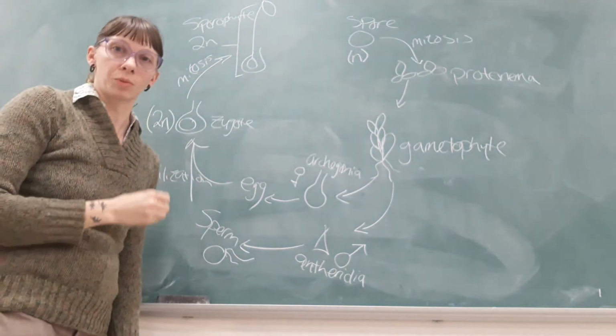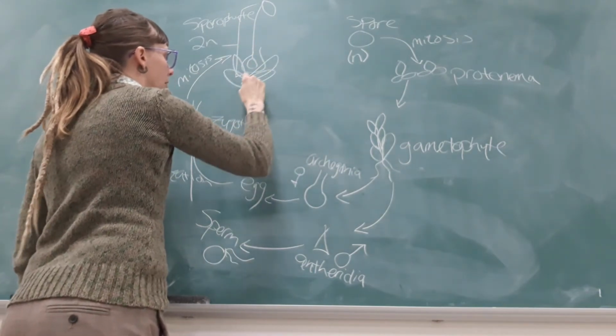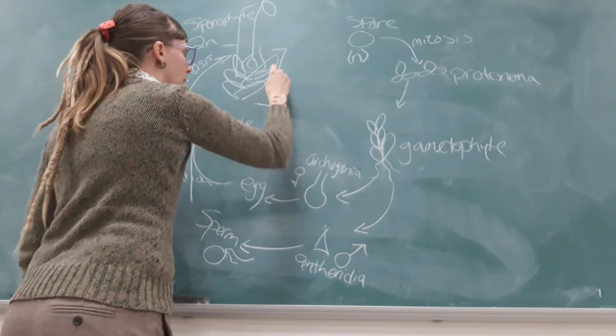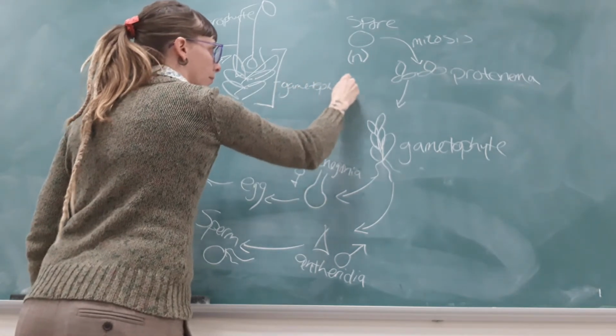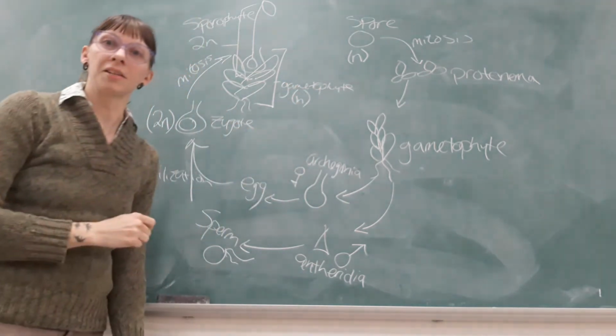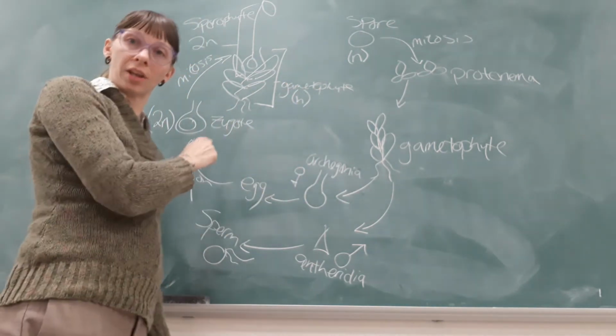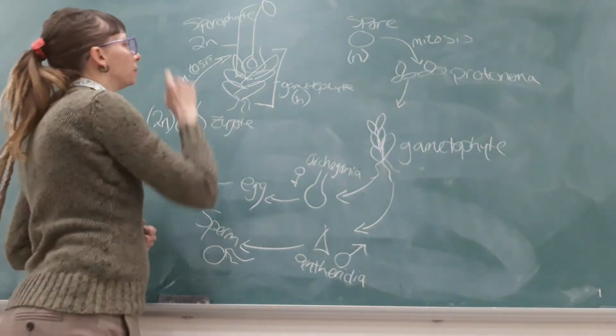The sporophyte is retained on the gametophyte in this case. And it is nutritionally dependent on the gametophyte to be photosynthesizing and producing the sugar compounds that it needs.